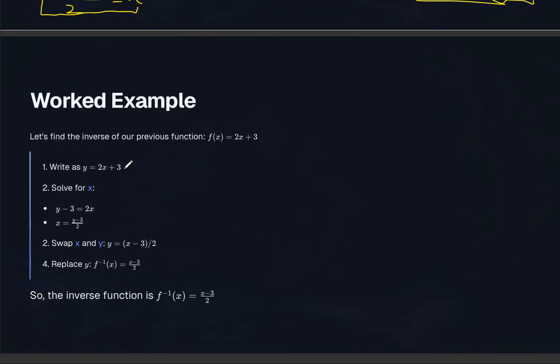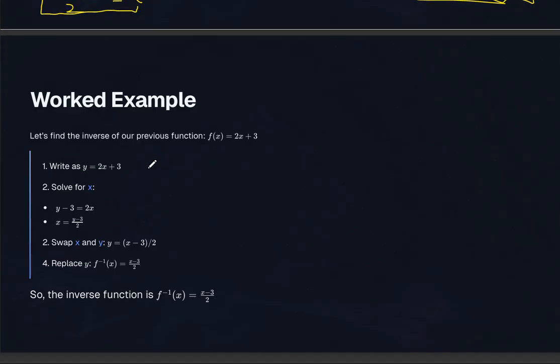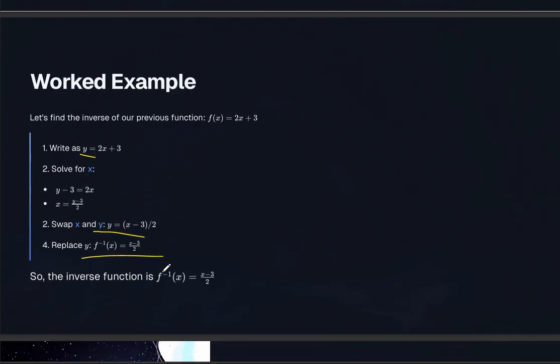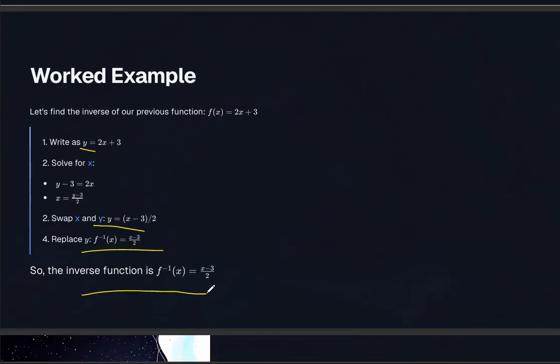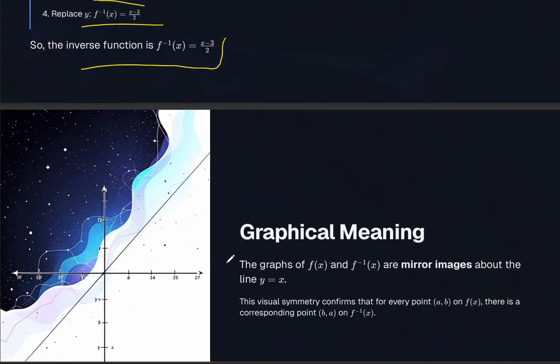Here is the example which I had already discussed above. These are the step-by-step solutions. First, we replaced f(x) with y. Then we solved this equation, swapped the values of x and y, and we got our desired inverse value. So these are the steps which we have to follow to find the inverse of any function.